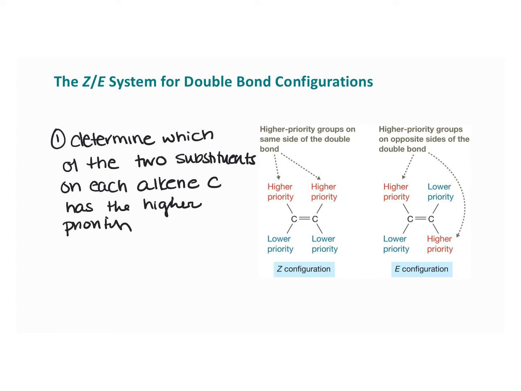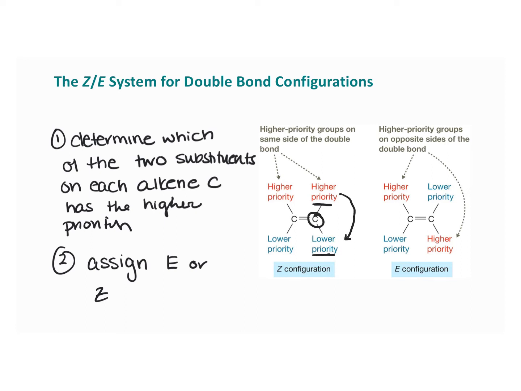Then once you do that, you need to assign either an E or Z configuration. When we are determining priority, it's the same way that we did with R and S, right? The higher the atomic number, the higher the priority. But what we're doing is comparing the ones on the same carbon.